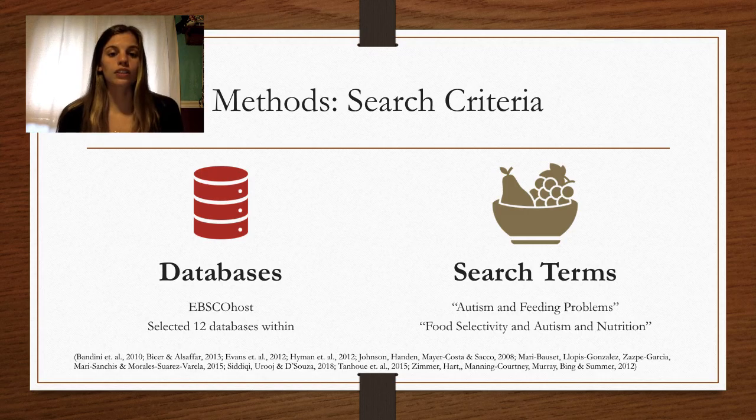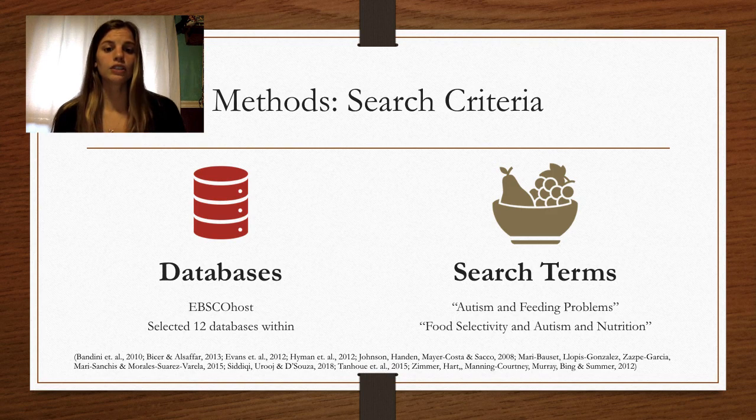Within EBSCOhost, I selected 12 other databases to search from: Academic Search Complete, CINAHL, Communication and Mass Media Complete, Consumer Health Complete, Health Source Consumer Edition, Health Source Nursing and Academic Edition, Hospitality and Tourism Complete, Humanities International Complete, Professional Development Collection, PsycARTICLES, PsycINFO, and finally, Social Sciences Abstracts.